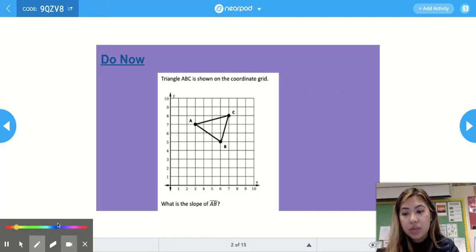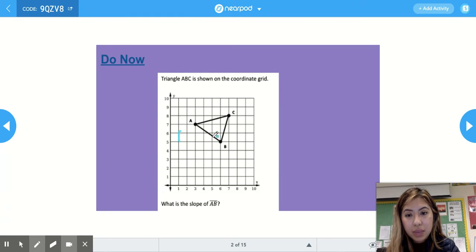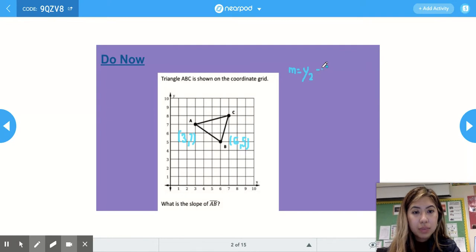The other way we could have solved it is writing out the coordinates of A and B. The coordinate of A is (3, 7). The coordinate of B is (6, 5). And we're using the slope formula, which is m equals y2 minus y1 over x2 minus x1.